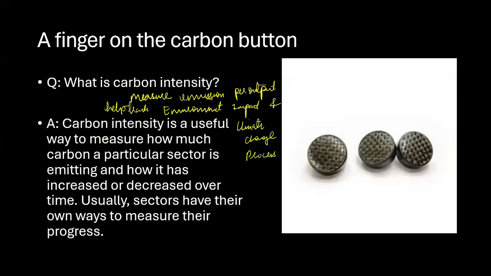So carbon intensity is a useful way to measure how much carbon in a particular sector is emitted and how it is increasing or decreasing over time.